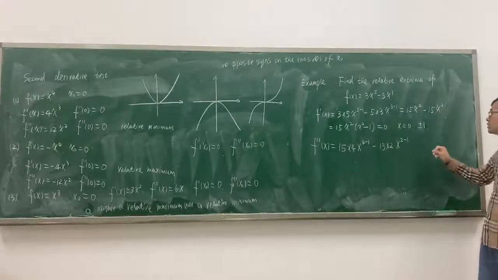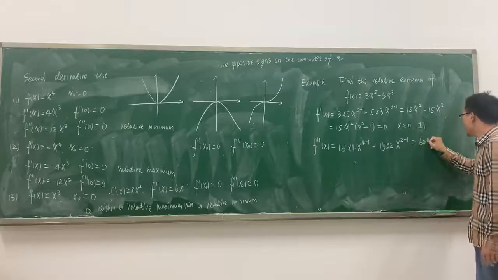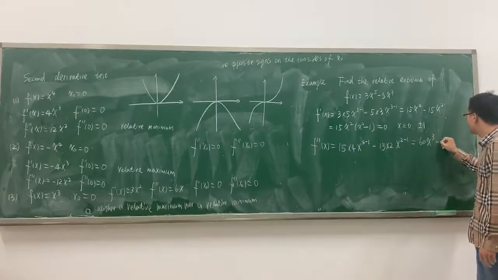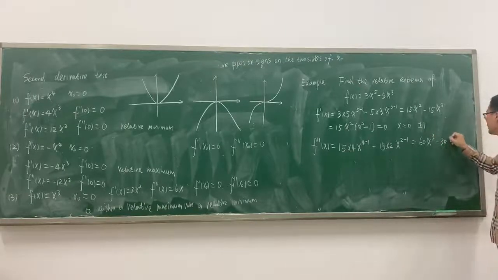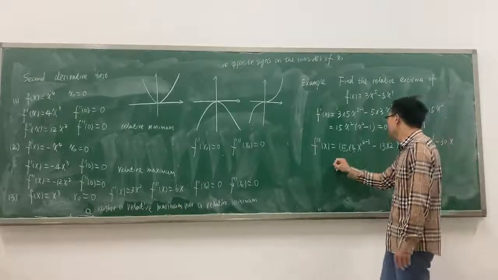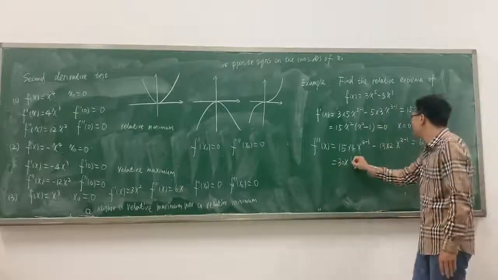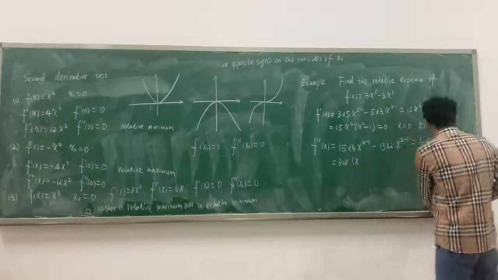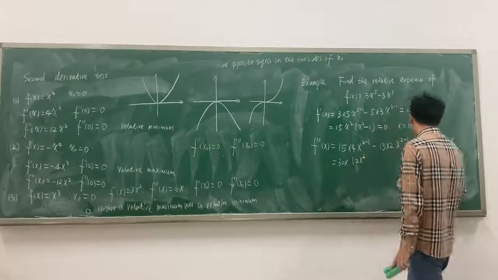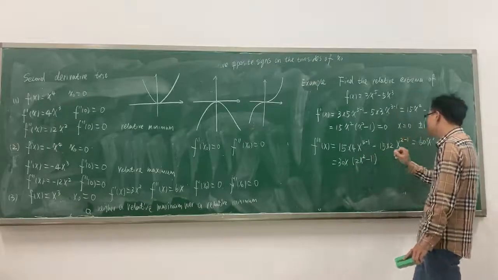So here it is 60x cubed minus 30x. We can rewrite it as 30x times (2x squared minus 1).